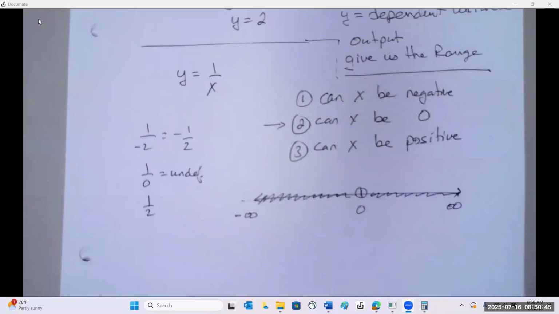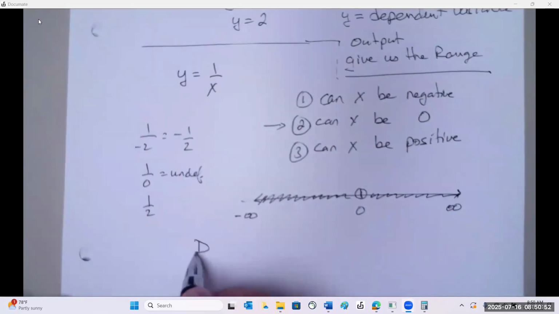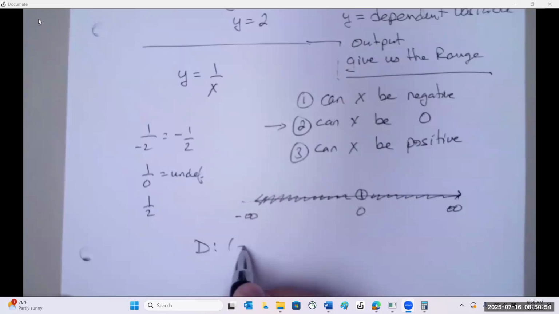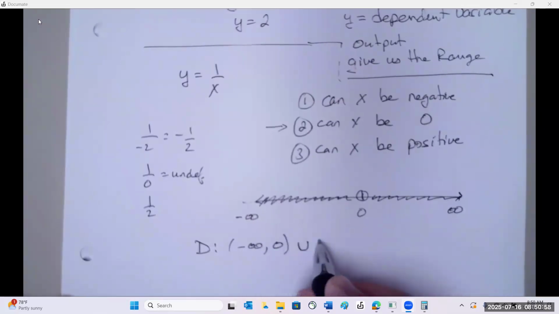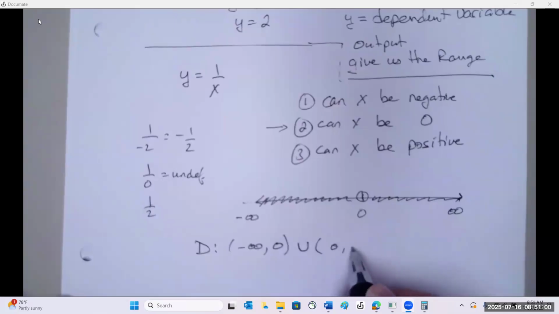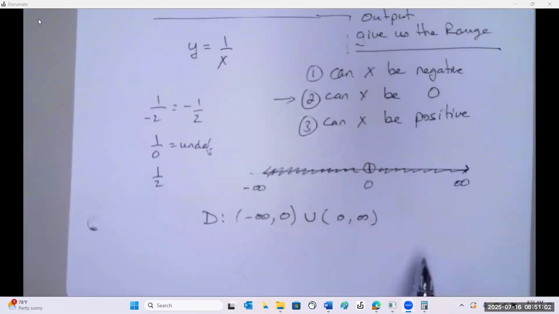I cannot use 0. So my domain is from negative infinity to 0, and then from 0 to positive infinity. Again, don't worry about the symbols here. We're going to define that at the end of this chapter. But this is what we mean when we say domain. It's what are all my possible X values I can use? Are there any X's I cannot use?